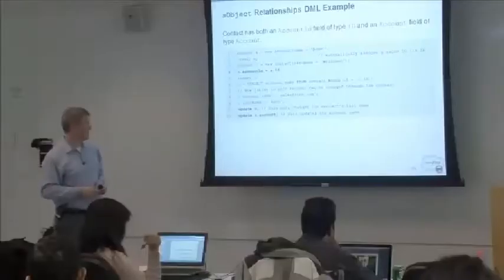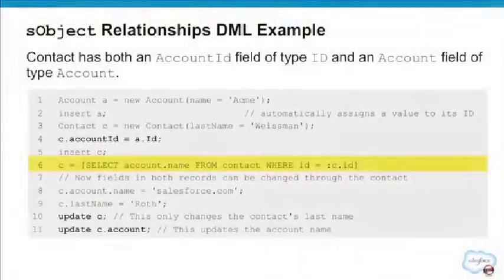In order to instantiate C.account, we could do one of two things. We could say C.account equals A, or we could fetch it from the database like we're doing here. So in this case, we're overriding the contact and making sure that we supply a value for the account field by selecting account.name from contact with the same contact record ID. So now C has a populated account field.